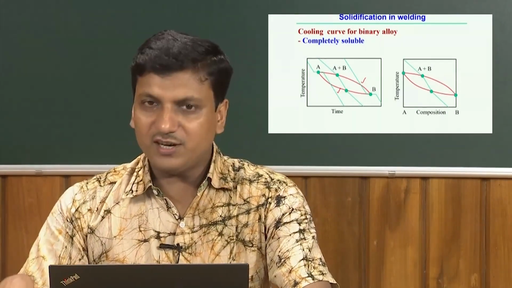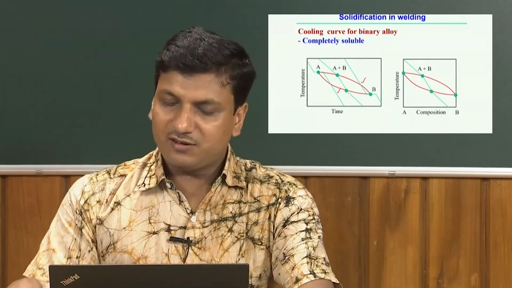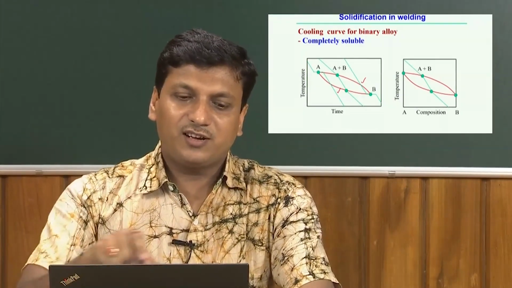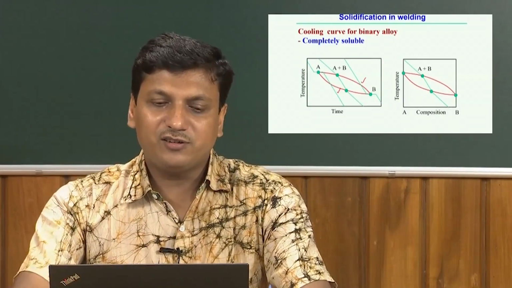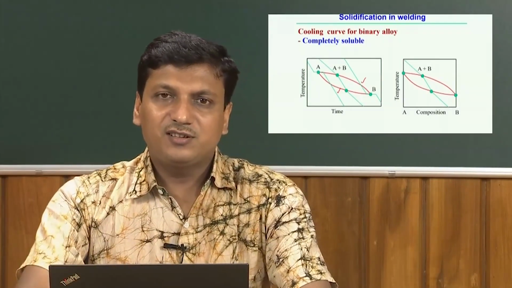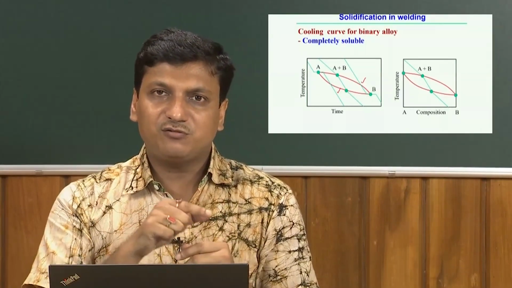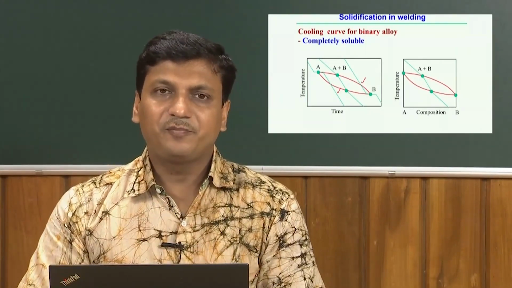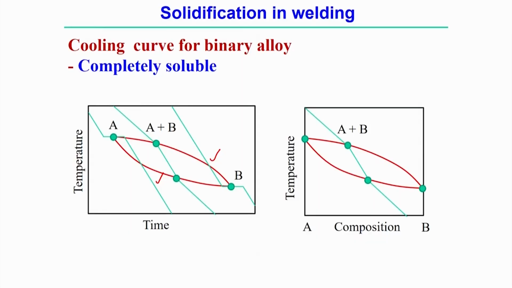This pure metal simply follows the cooling curve like that: at this point, if it is 100% composition of the single component, then the phase change happens at one constant temperature, and afterwards, after cooling, it comes to the ambient temperature.